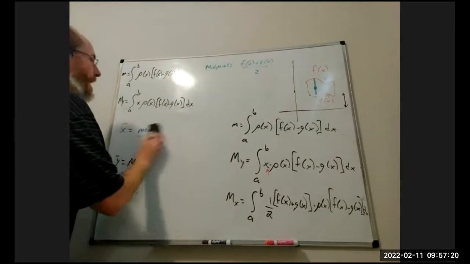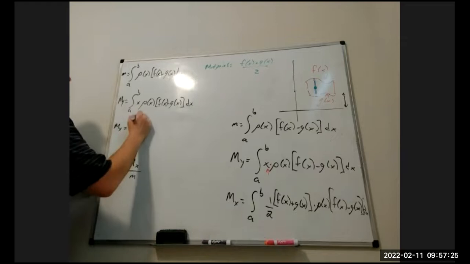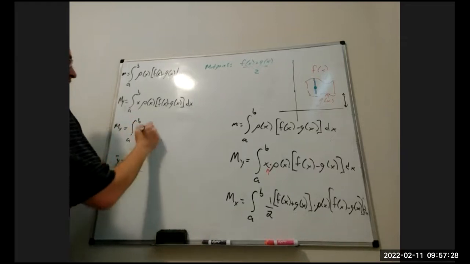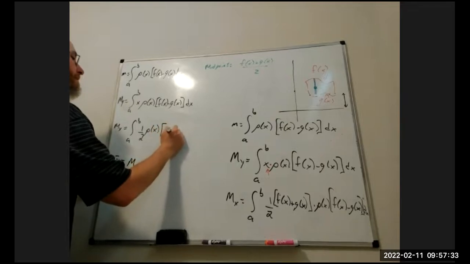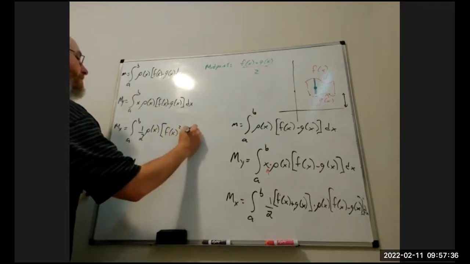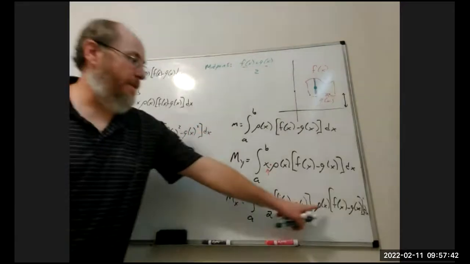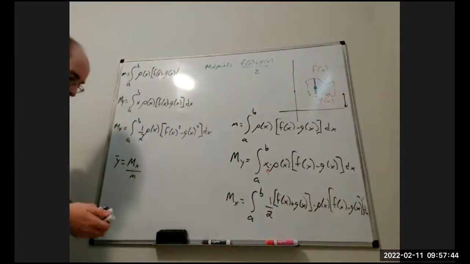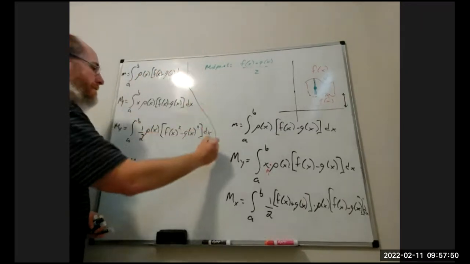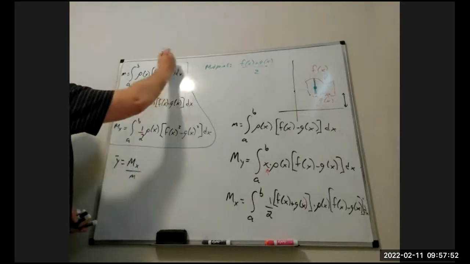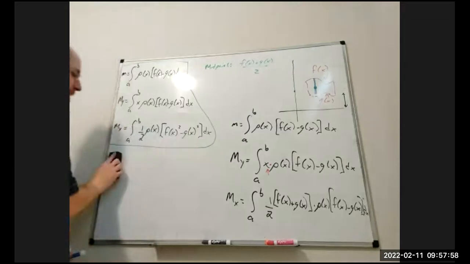And now the Mx, if I make that a little bit nicer, it's going to be 1/2 rho of x times f of x squared minus g of x squared, because these two are just a difference of squares. All right, so let's put a box around this. But those are the three things that we have to calculate if we're going to find a center of mass.